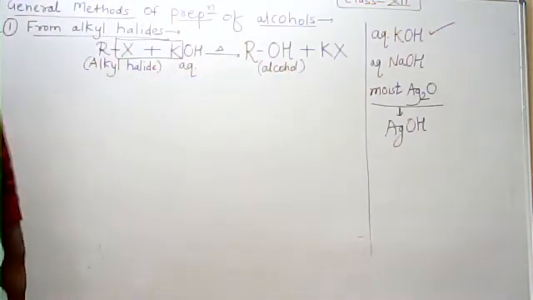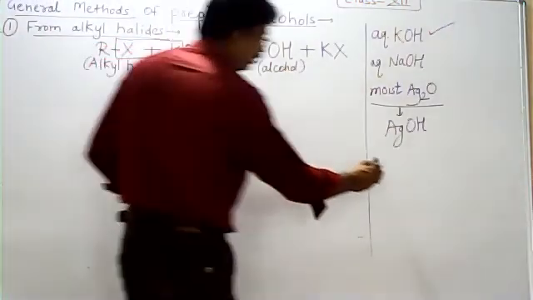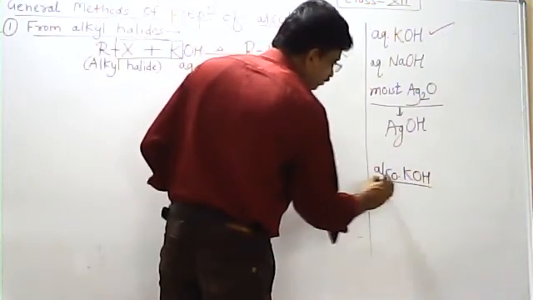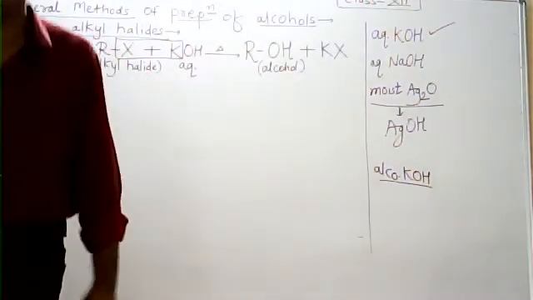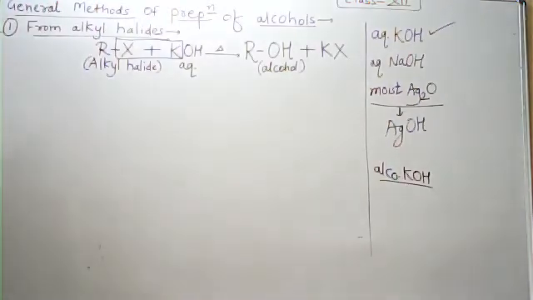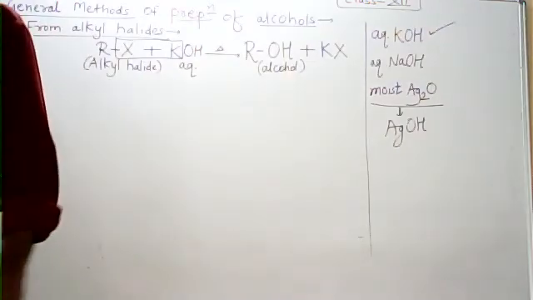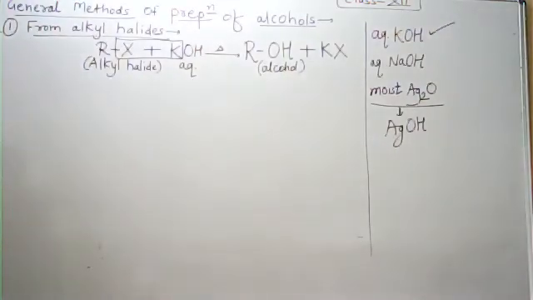And in case of alcoholic KOH, we also discussed the alcoholic solution of potassium hydroxide, instead of substitution reaction, it gives an elimination reaction. Unsaturated product is formed. Alkene is formed. Alkyl group चं काय होतं? Alkene तयार. Alkyl group चं alkene होतं. Propyl group चं propene होतं. Ethyl group चं ethene होतं.